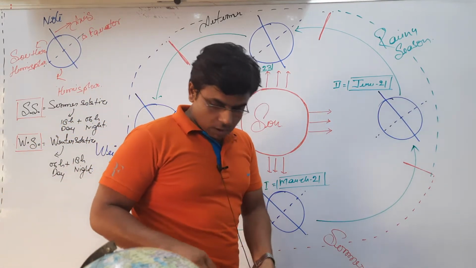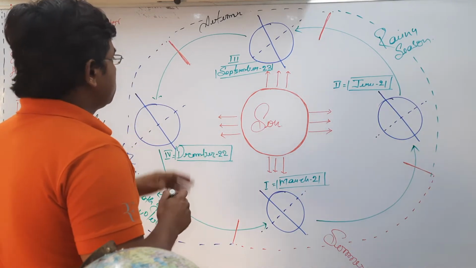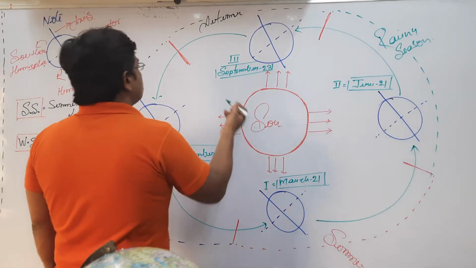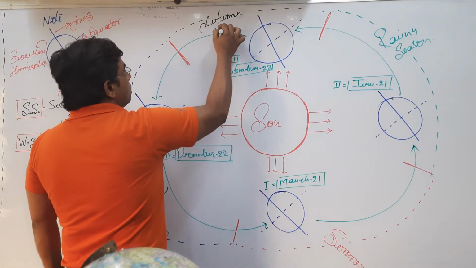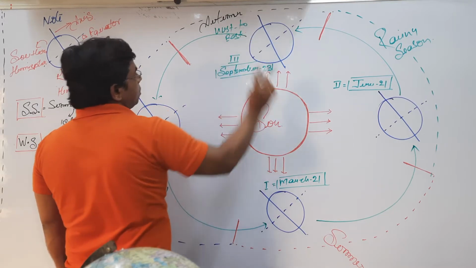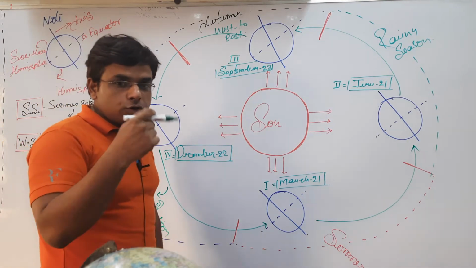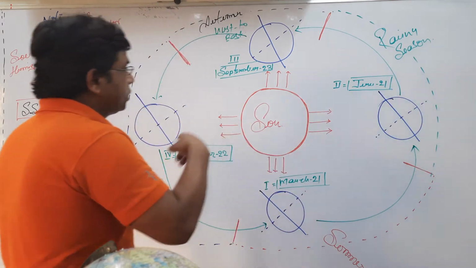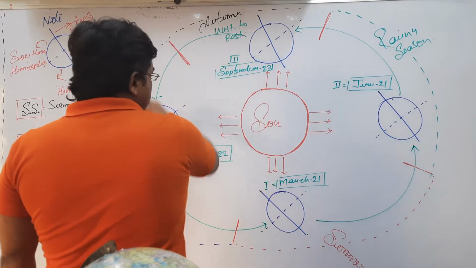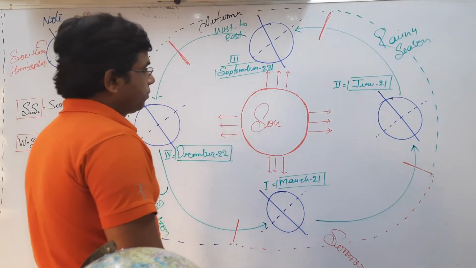First, we know that in the second motion, the revolution, the earth revolves around the sun, and the direction of this motion is from west to east. That means, like the rotation, in the revolution also the direction is from west to east. The earth moves in its revolution like this: this one is the east and this one is the west.